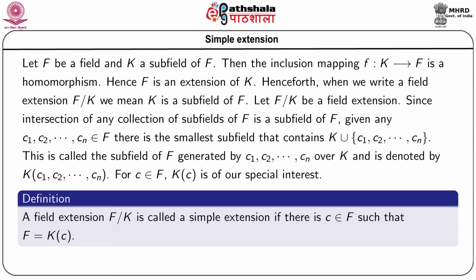In particular, if n is equal to 1, then we get K(c), which is of our special interest. We define an extension F by K to be a simple extension if there is some c in F such that F is equal to K(c).